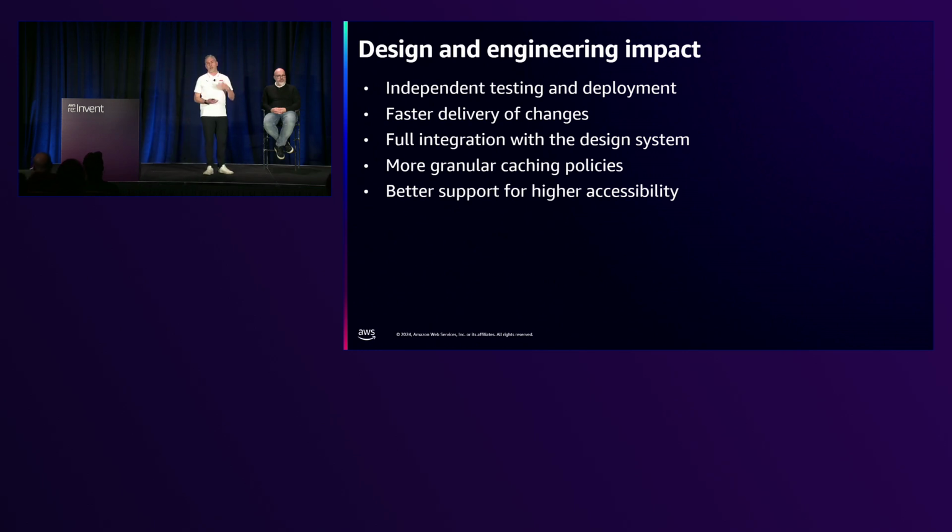Because, of course, we have areas of the site that are less prone to be updated. Think of 1950s season standings that will hardly change over time, as opposed to the breaking news area, which is updated pretty frequently. So they have different caching policies. And finally, better support for higher accessibility.